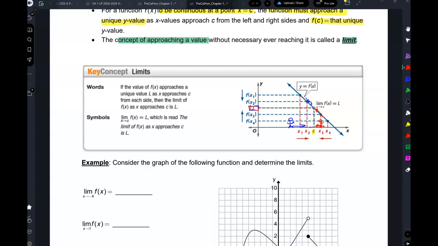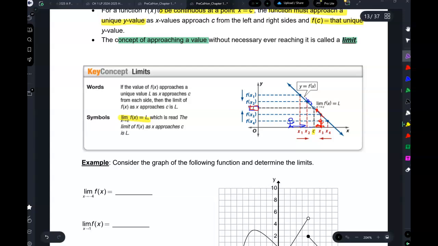Okay? So, if from the left and the right, the graph is approaching the same vertical value, then we say the limit as x approaches C is L. And the way we write that is this, right here.